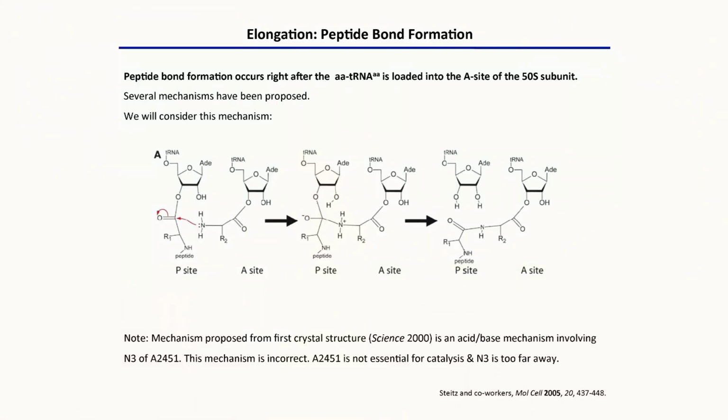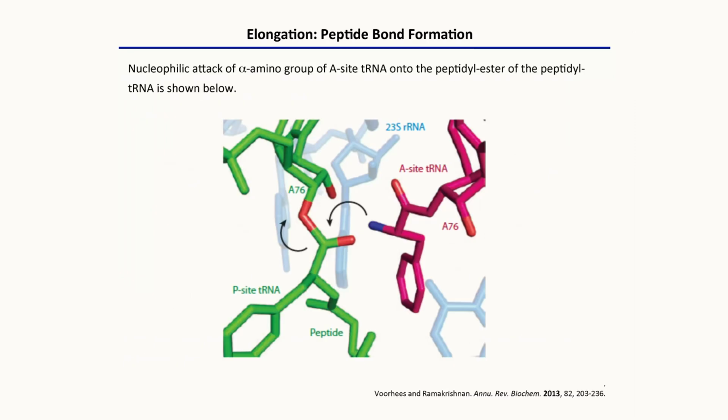So we'll take a look at this. So here's just an overview of peptide bond formation, backtracking a little bit. And then back to here, thinking about conformations and what this looks like. What we're seeing here in this depiction is the P site tRNA in green.